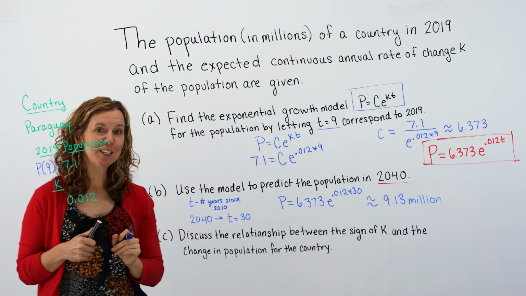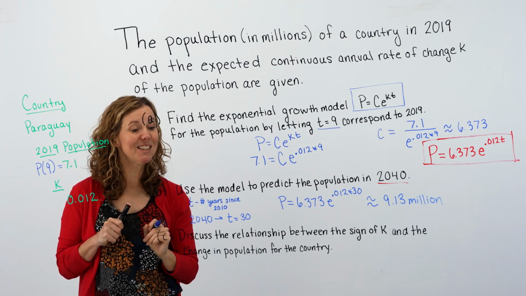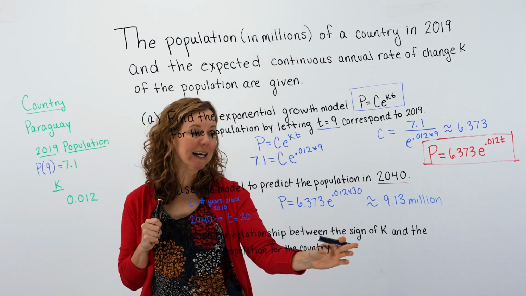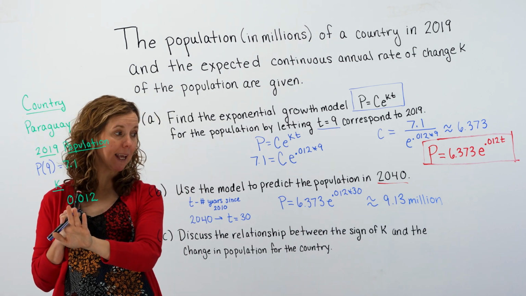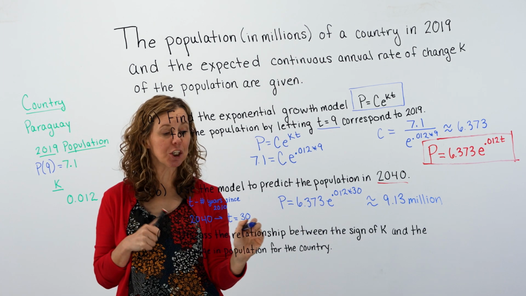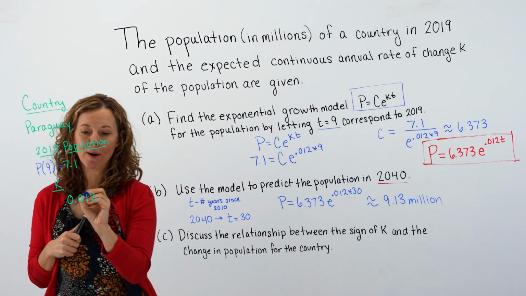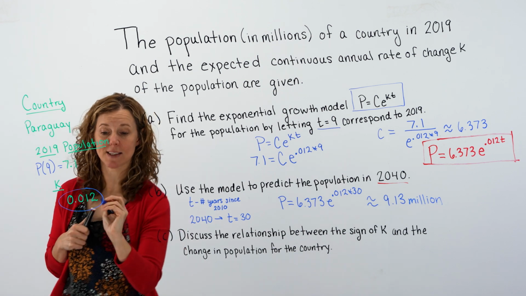Finally, then, we're ready to look at part C of the problem. Part C asks us to discuss the relationship between the sign of k, which told us our rate of growth or decay, and the change in population for the country. So what we know is that k, the value that we were given here, was positive.